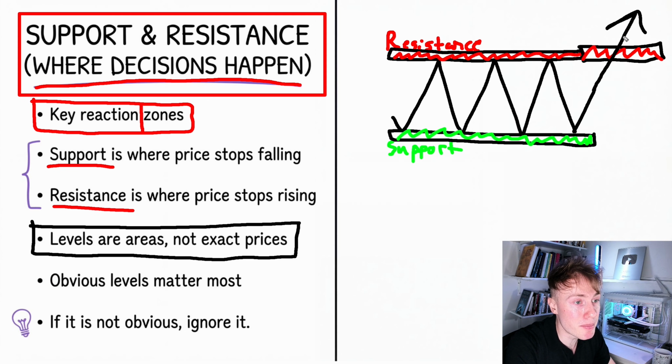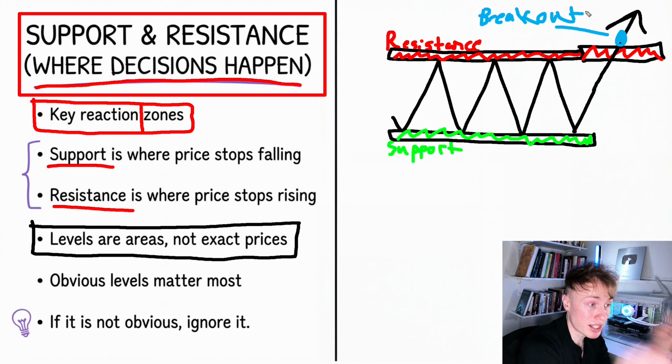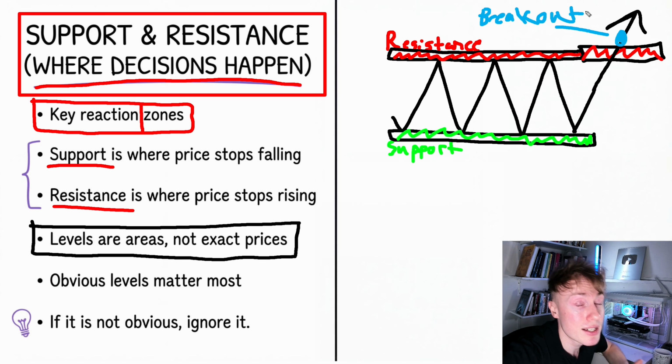And many times the break of the resistance, this is what is known as a breakout, will actually be very good trading opportunities. So we as traders can both trade the reaction to the support and resistance, but we can also trade the break of support and resistance.